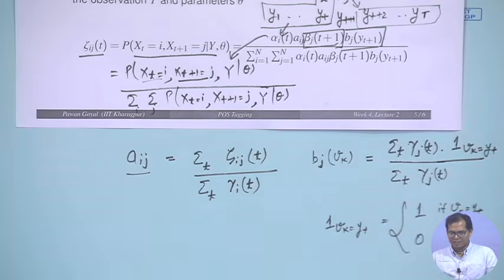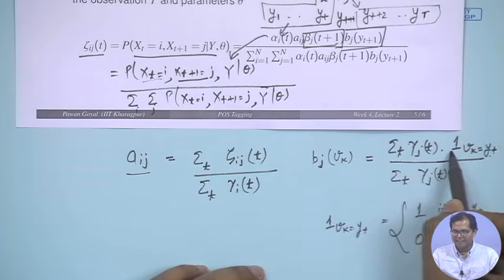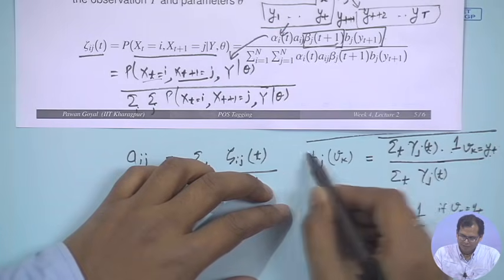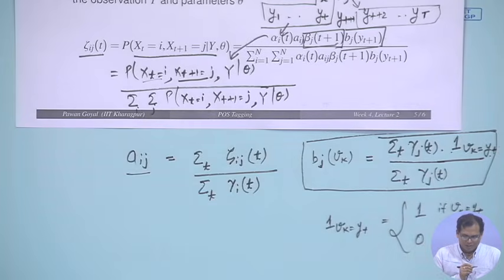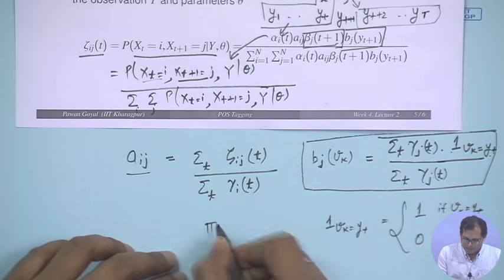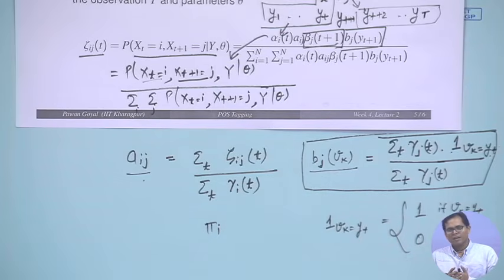So, whenever I have observed yt equal to vk, I will add it, otherwise it will be 0, and this will give me the emission probabilities. So, I could estimate my pi i, aij as well as bj vk using this zeta ij and gamma i, which I computed using my forward backward probabilities.